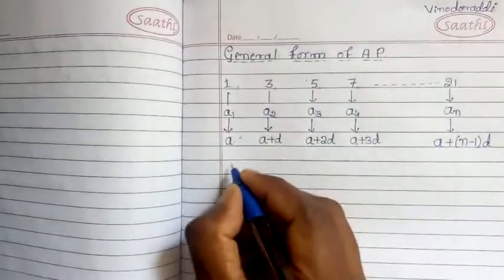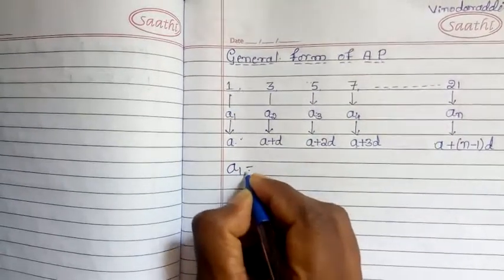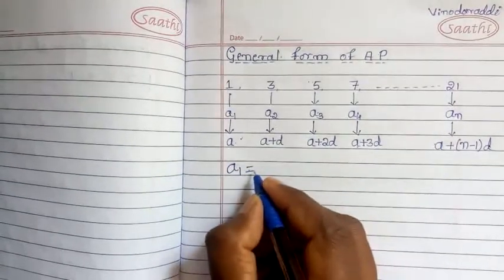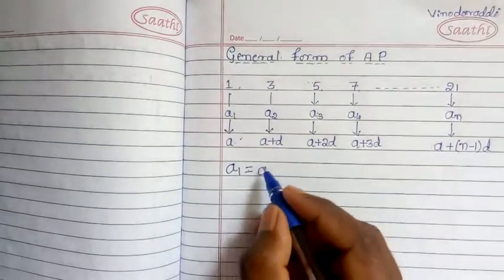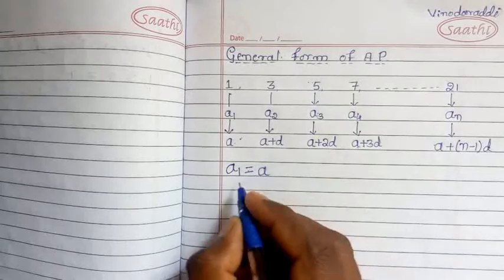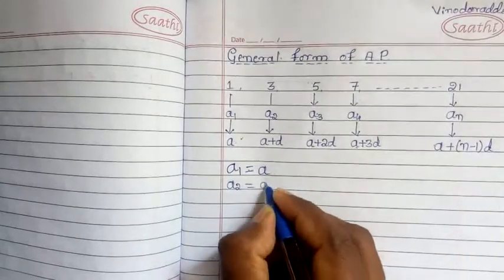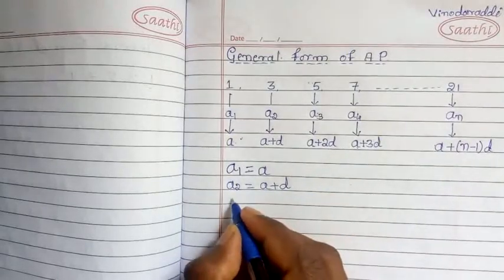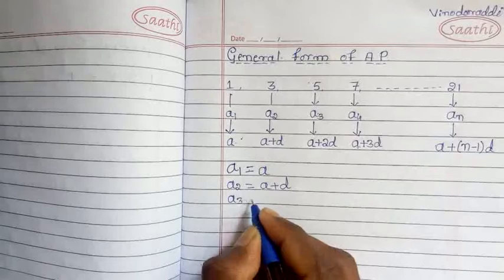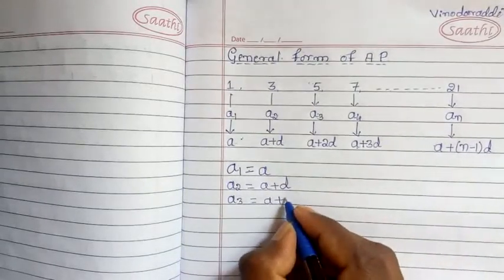Now, the general form of the first term, A1, is equal to A. Then A2, the general form of the second term, is A plus D. The general form of the third term is A plus 2D.